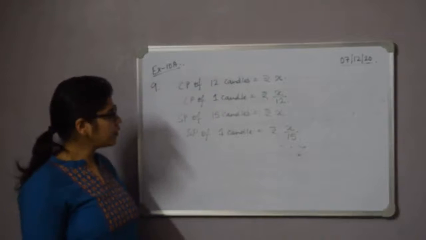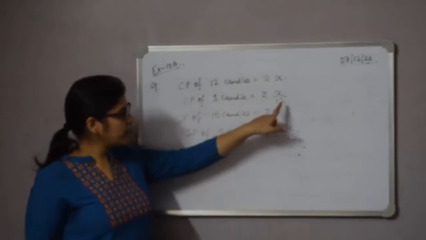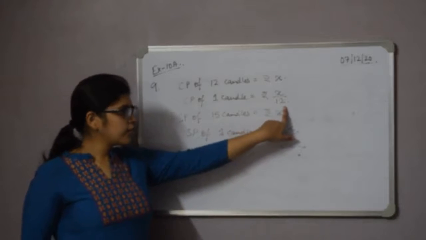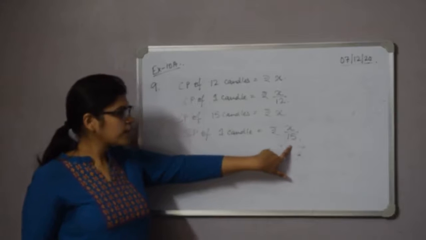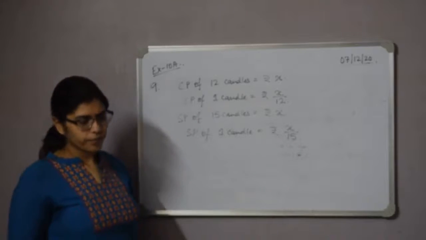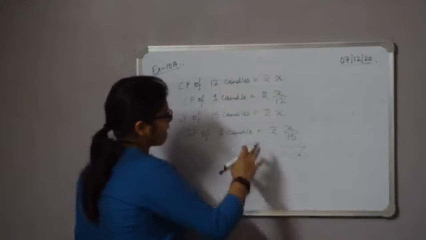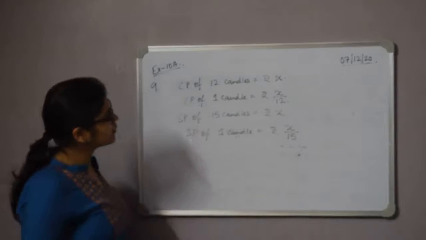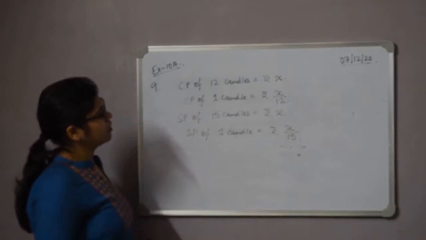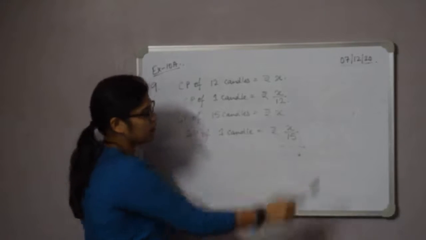So any number if you divide with 12 and 15, obviously the number which you are dividing with 12 will give you the greater result and the one with 15 gives us the lesser result, right? So you can easily say that X by 12 and X by 15, if we compare these numbers, we can say that the SP is smaller, right?